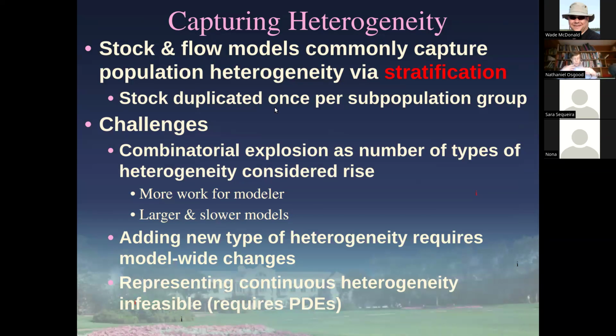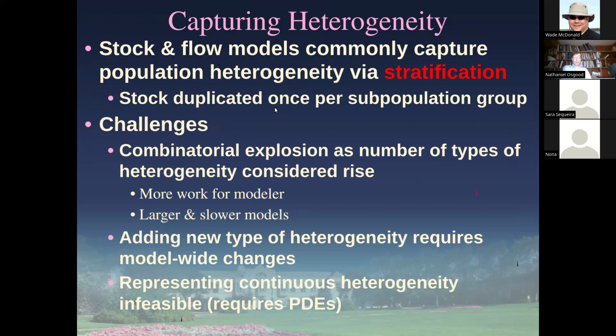Where this starts to get complicated, even with just one subscript, is when we deal with mixing. And we get these ungainly matrices, which often need to be rebalanced to have the number of contacts from group A to group B equal to the number from B to A, etc.